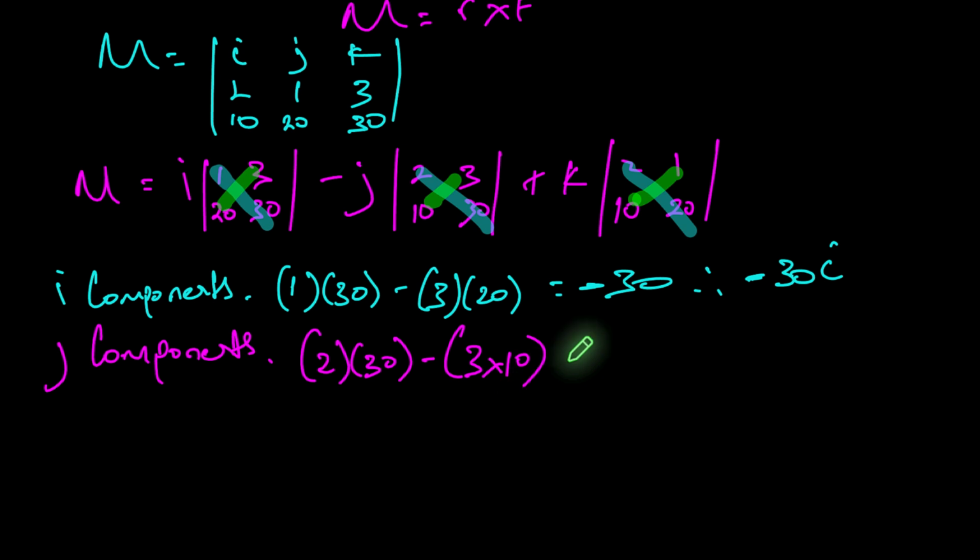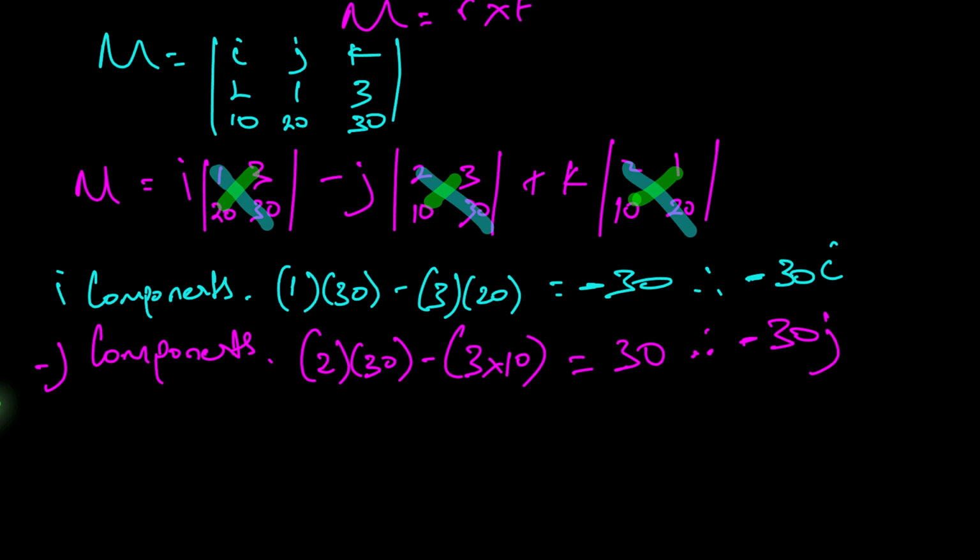And this is going to give us 60 take 30, which is a positive 30. However, remember that the j is negative, so we have a preceding sign there for the j, which again I'll get into in another video. So we have negative 30j for this one.